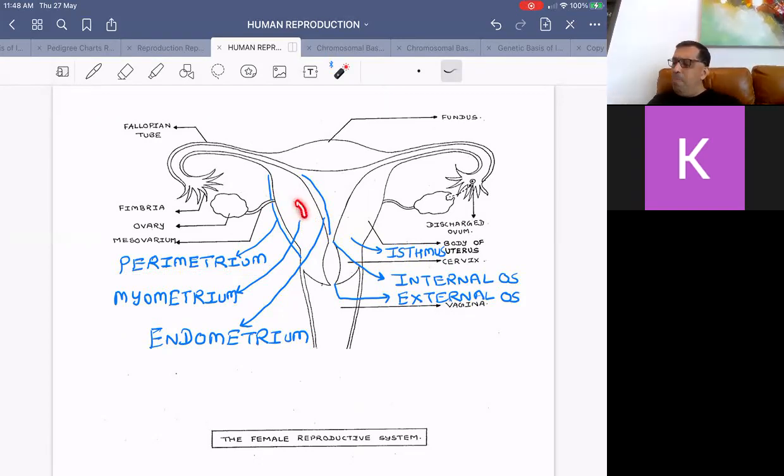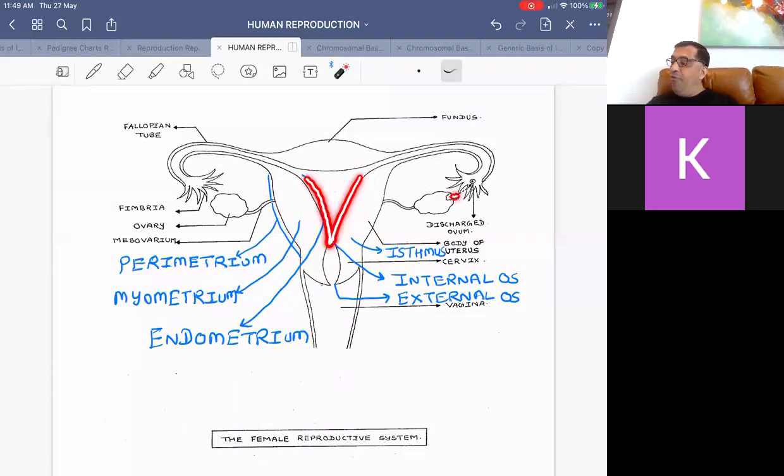And myometrium के contraction से the baby gets delivered through the vagina and parturition or childbirth takes place due to the contraction of the myometrium. And we have that inner delicate lining called the endometrium.